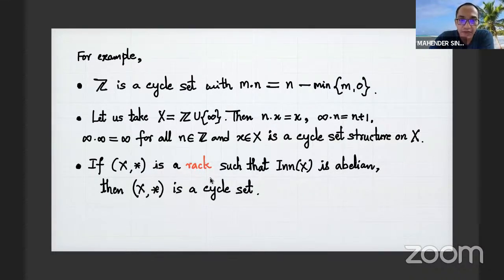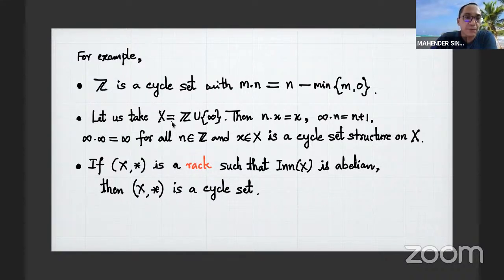So that is how it connects with knot theory. And if a rack is such that its group of inner automorphisms, which is simply the group generated by left multiplications in my case, is abelian, then this is a cycle set. So there is a fairly reasonable supply of these algebraic systems.